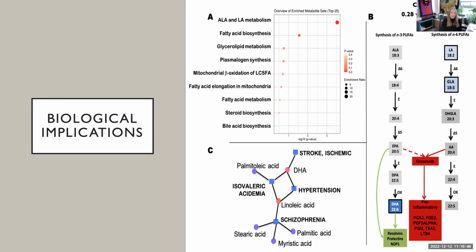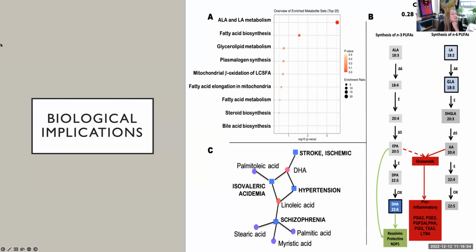When we ran the metabolites, most of them fell into alanine, linoleic acid metabolism, fatty acid biosynthesis, glycolipid metabolism, as well as mitochondrial beta-oxidation of long-chain saturated fatty acids.